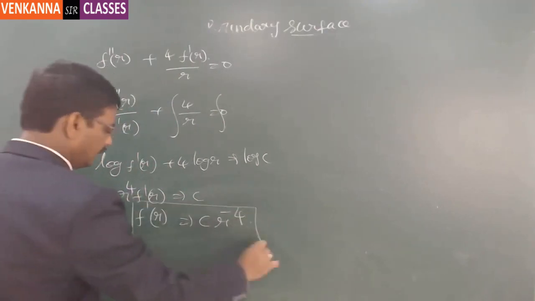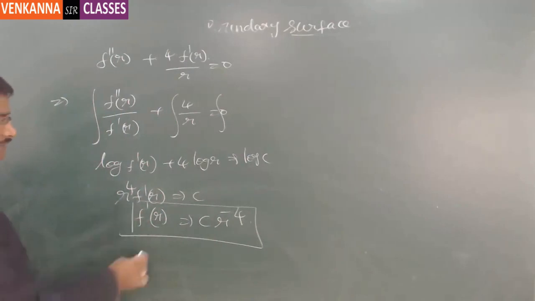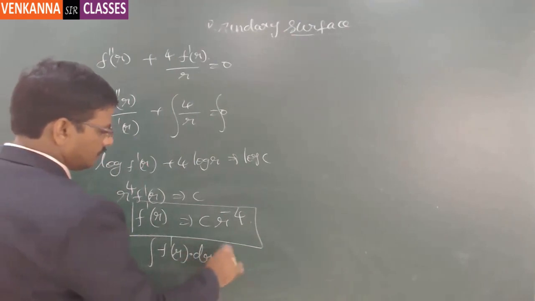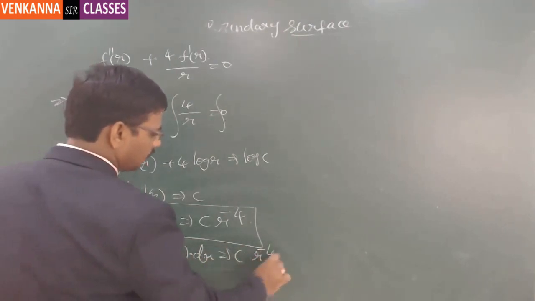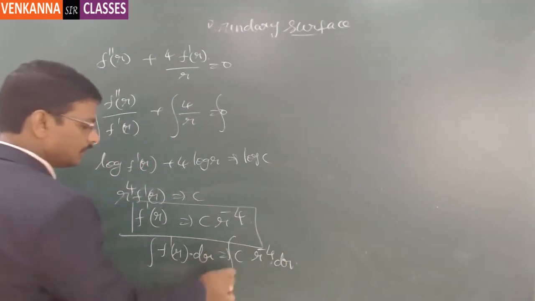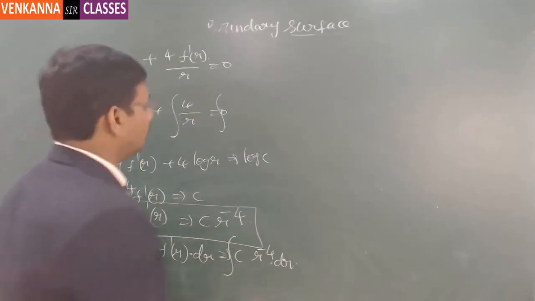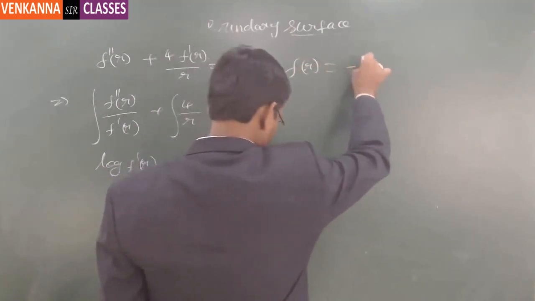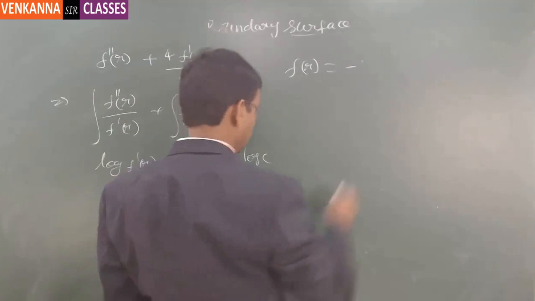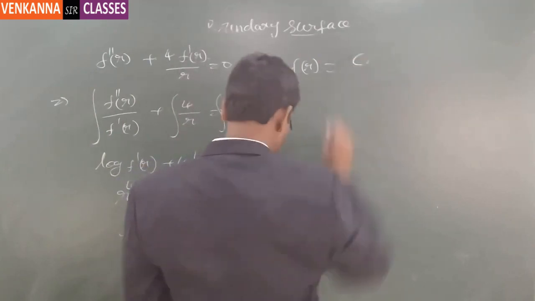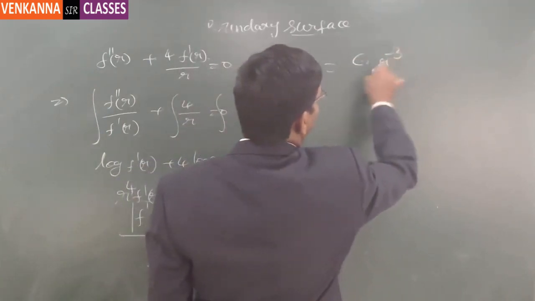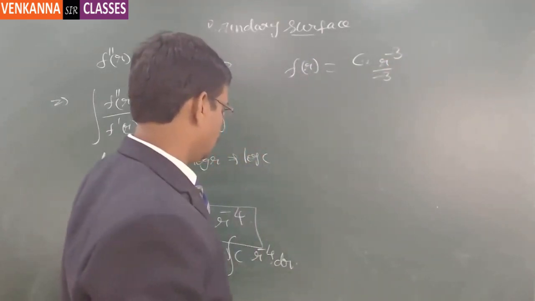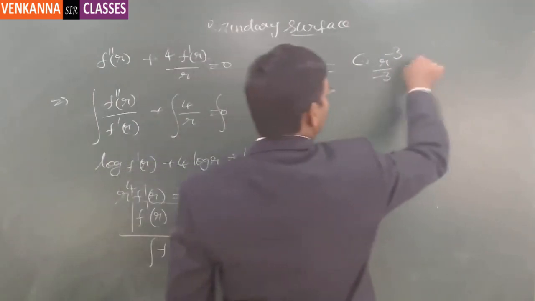So this is f dash of r. If you integrate this with respect to r, then f dash of r into dr is equal to c into r power minus 4 into dr. Integrating on either side, f of r is equal to c into r power minus 3 divided by minus 3, plus d.